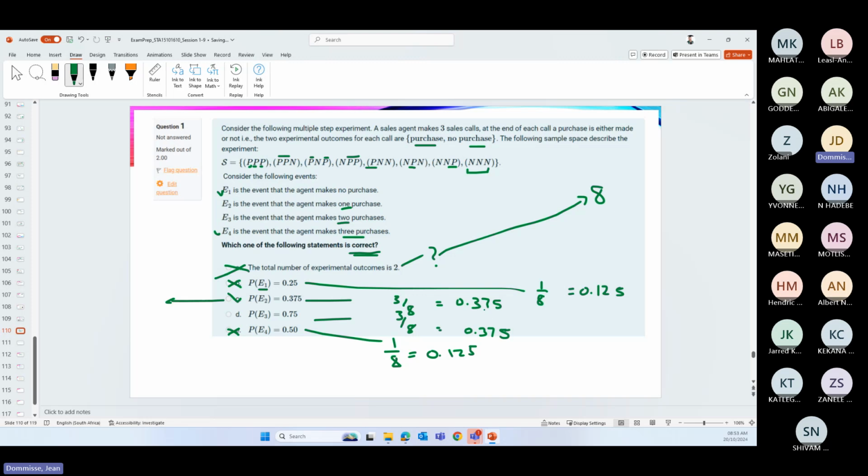So that plus that will be 0.5, plus that will be 0.875, plus the last one will be 100% or 1. Okay, so the one that is correct is event 2 with the 1 purchase. Okay, so giving you nearly the outcomes and how it looks like, so that you can work with that.